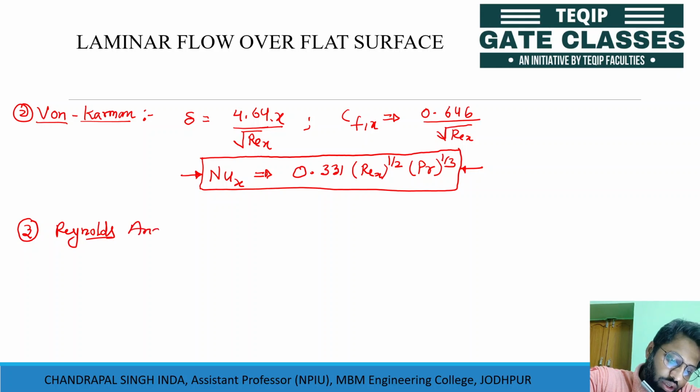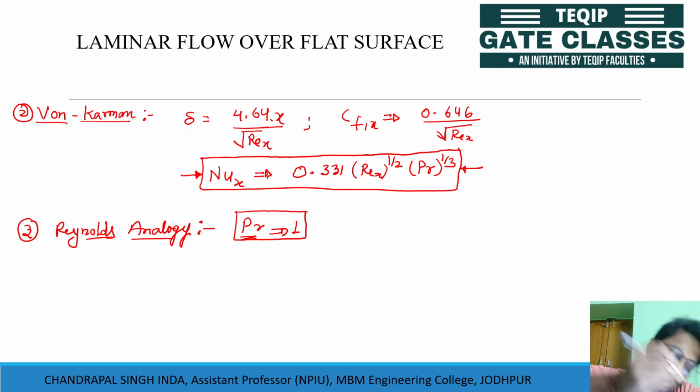In this analogy the results were obtained by using the value of Prandtl number equal to 1, and it interrelates the fluid friction and Newton's law of viscosity, through which we obtain the result that the local Stanton number is equal to Cfx by 2.